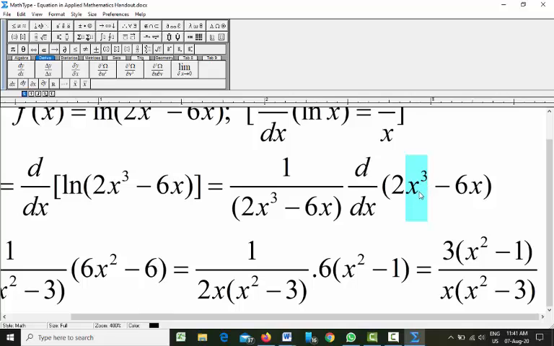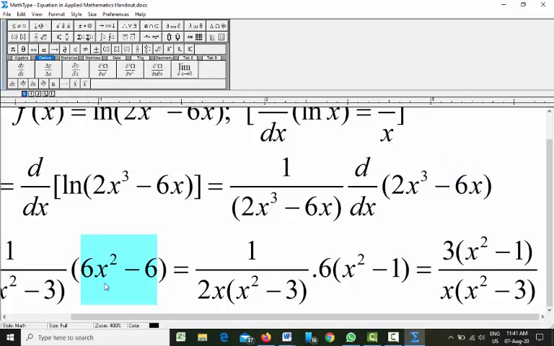So 3x square multiplied by 2, that means we will get 6x square. And then if you do differentiation of the next term, we will get only 6, so minus 6.